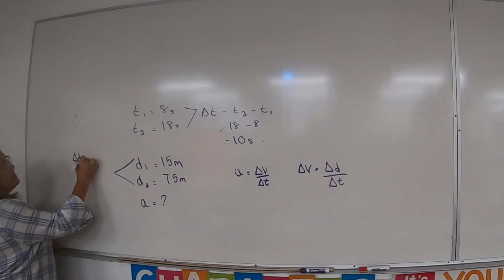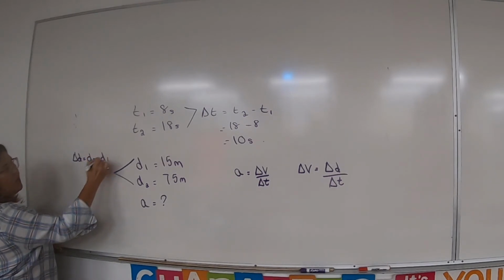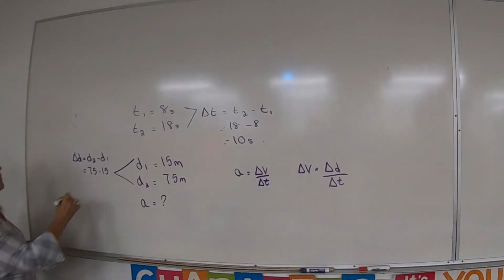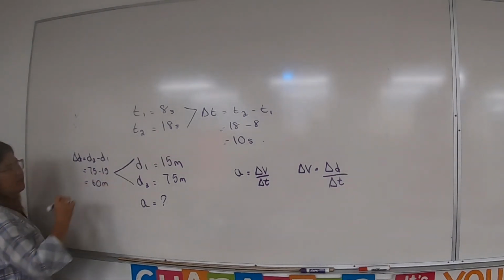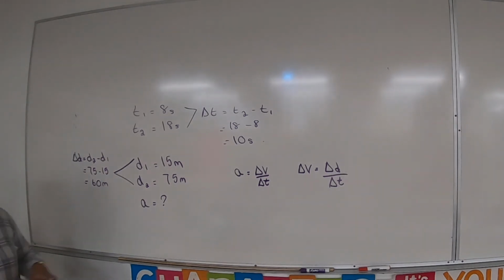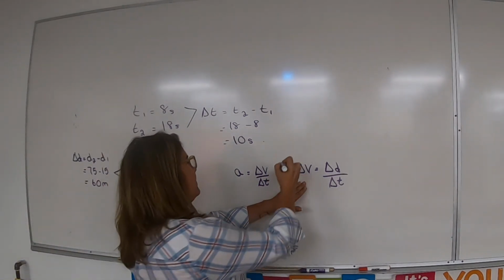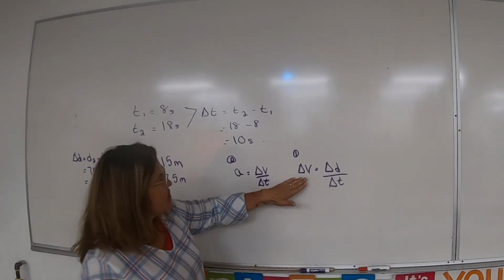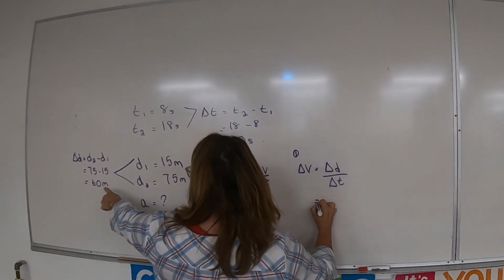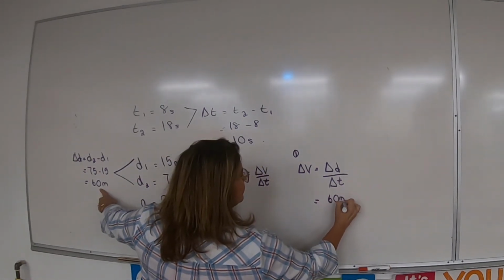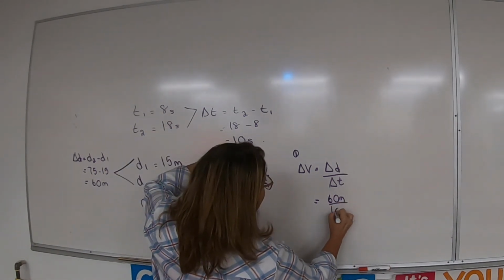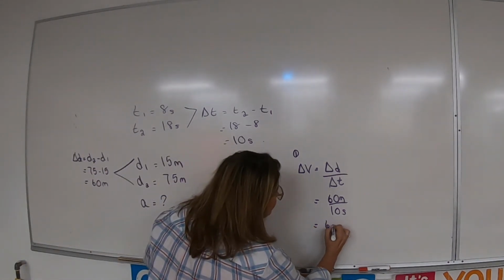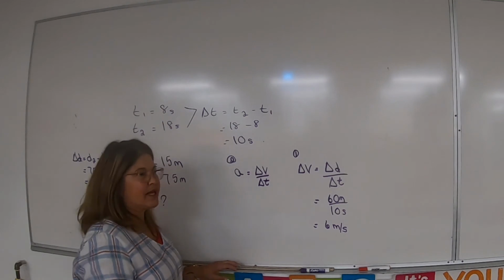Change in distance is equal to D2 minus D1, or 75 minus 15, or 60 meters. Okay, so we have to start with this equation and then go to the acceleration equation. So change in speed is equal to 60 meters over 10 seconds. So my change in speed is 6 meters per second.